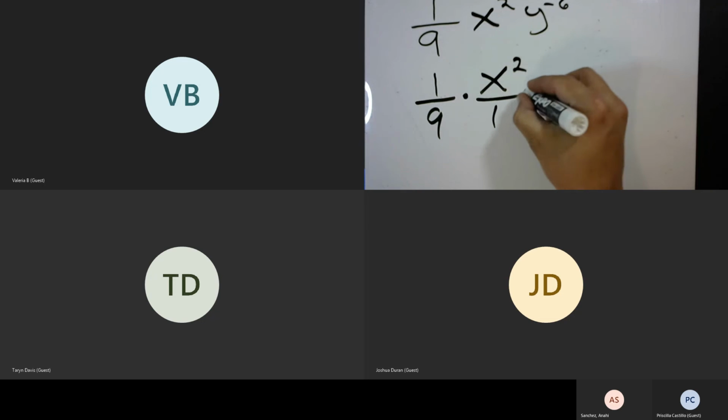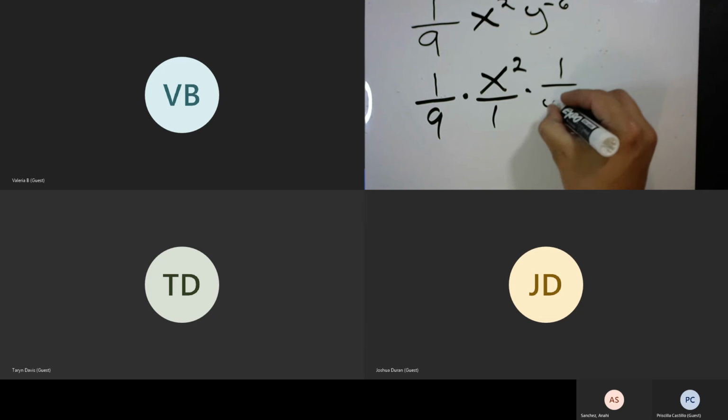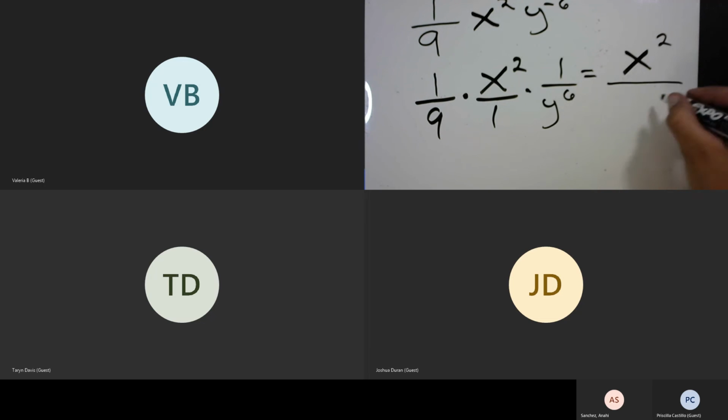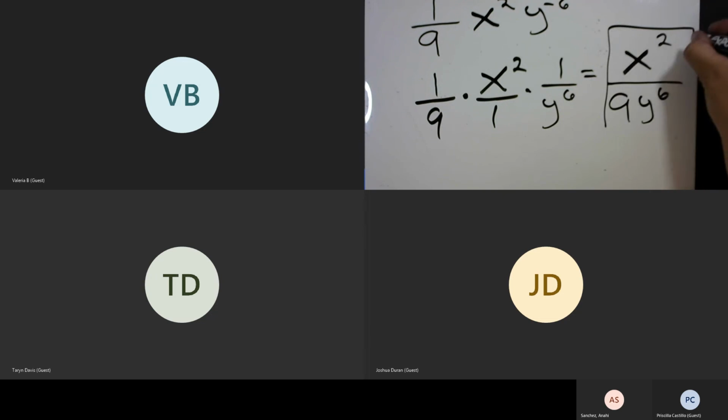And since this is negative, we can rewrite it without a negative by flipping. And now we multiply across, we'll get x squared over 9 y to the 6th. Questions about that?